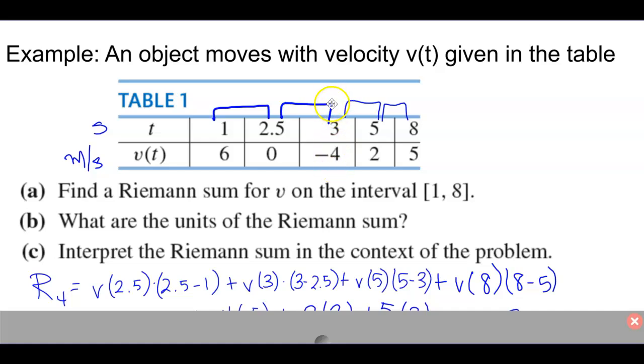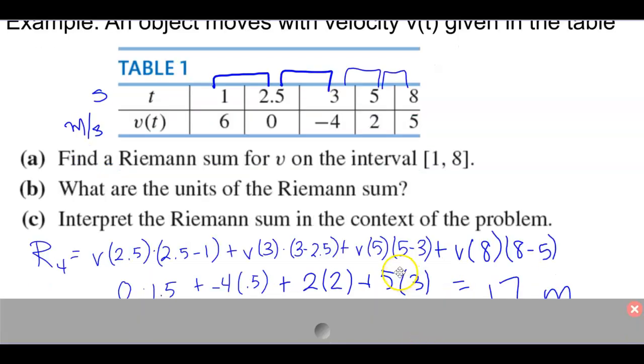Notice that's the right-hand side, v of 3. And then the difference between the intervals from 3 to 2.5 is the width. And then v of 5 is the height of this rectangle, and its width is 2, the difference from 5 to 3. And then the last rectangle has a right endpoint. We're using the right endpoint. That's v of 8, and then 8 minus 5 for the interval.